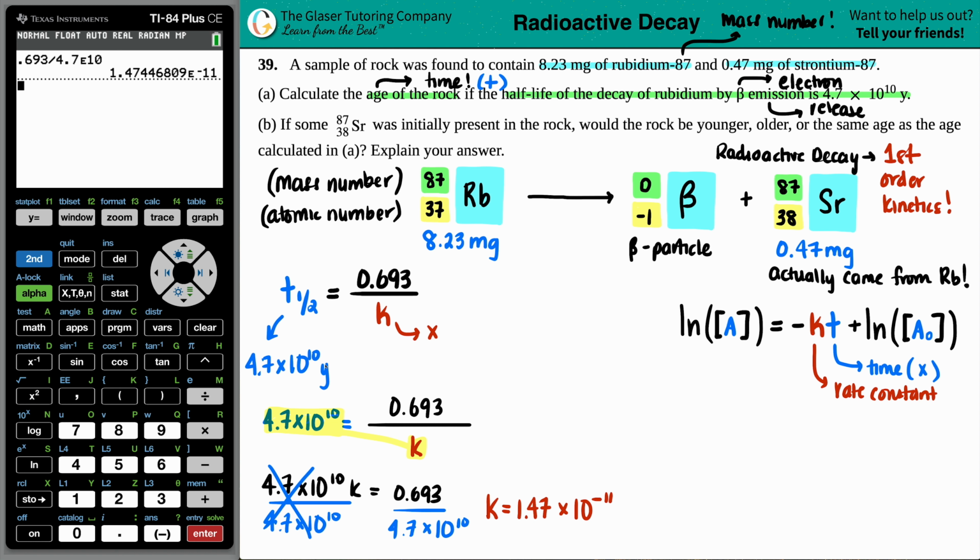And since we used years as our half-life value, technically the rate constant should be in years to the minus 1. It's just whatever your time value is, with the minus 1 per year. So now we have this k value: 1.47 times 10 to the negative 11th per year.